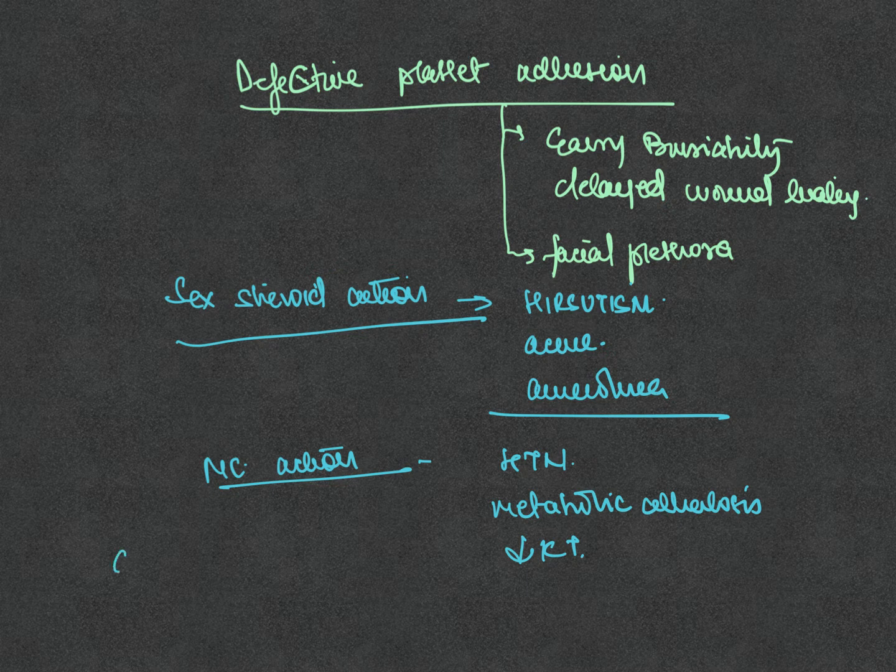Cortisol can cross the blood-brain barrier, causing psychosis as well as depression. Now the cardiac manifestations.